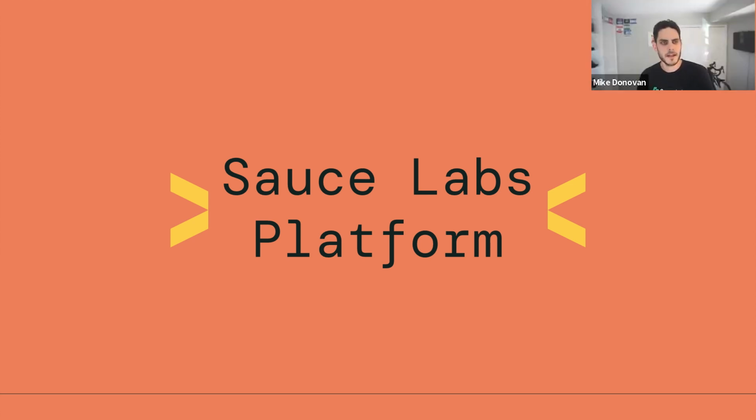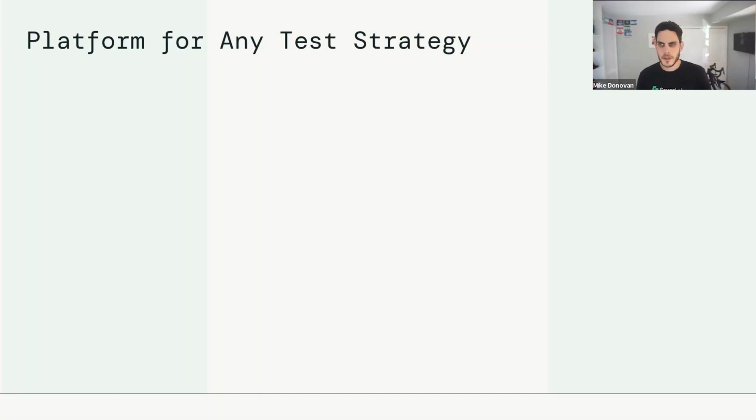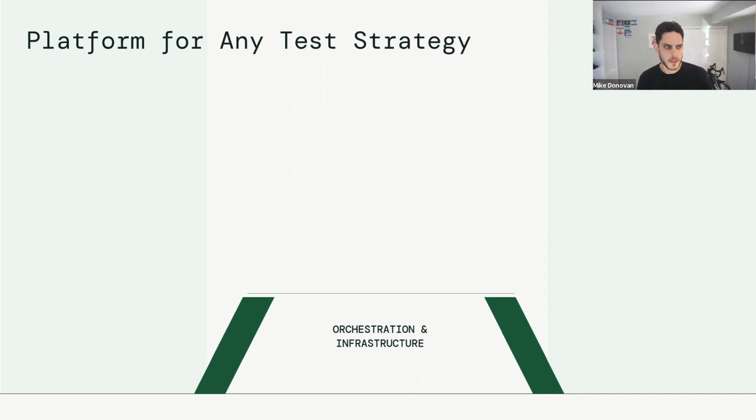Awesome. Thanks, Jason. So I want to go over what we consider the Sauce Labs platform to be, and how our solutions all fit within it. We think about it really as three main parts, right? The first and the foundation of the Sauce Labs platform is an orchestration and infrastructure layer, right? This is what most of you use on a daily, hourly basis to run your browser tests, your mobile tests on real devices or emulators and simulators, and generally get your tests executed throughout your pipelines.